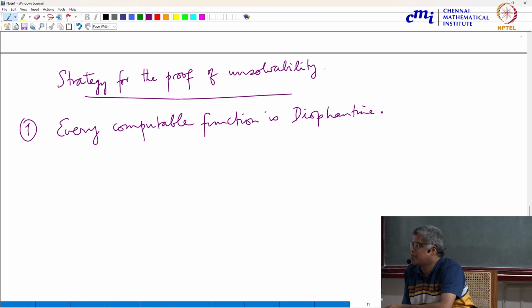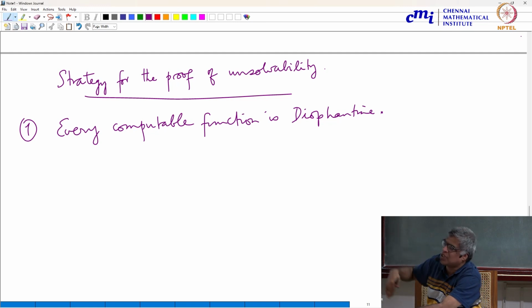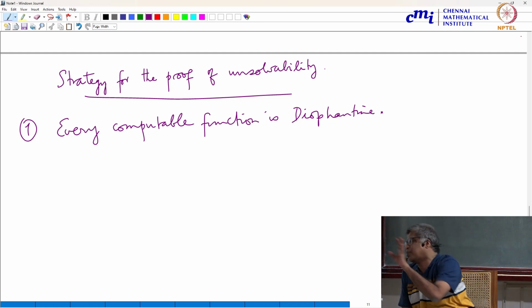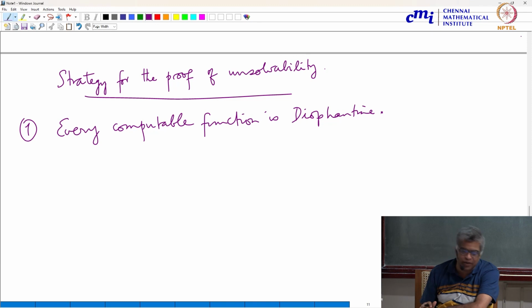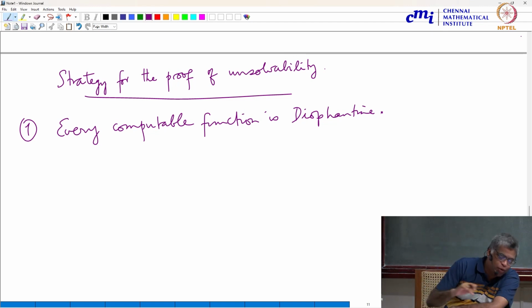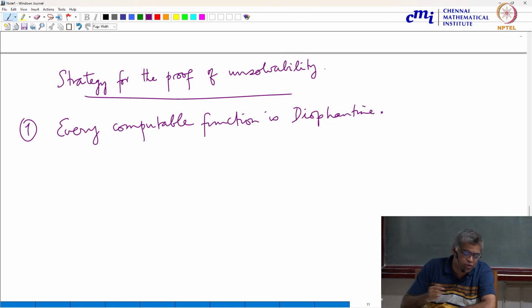If that happens, then you say that f is computable. So basically, computable functions are all those functions for which you can write a program. So you can actually show that everything that is computable is Diophantine. This is a very hard step, but at least I want to give you an overall idea of how this goes.